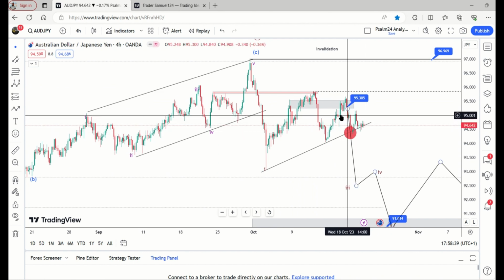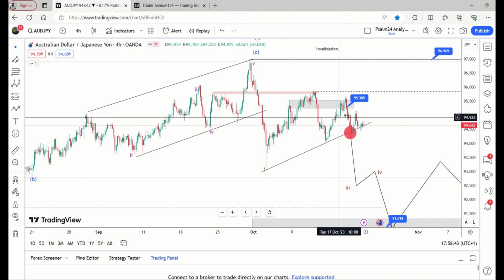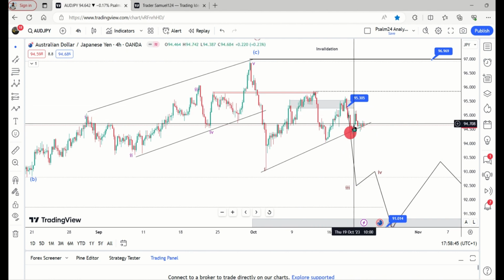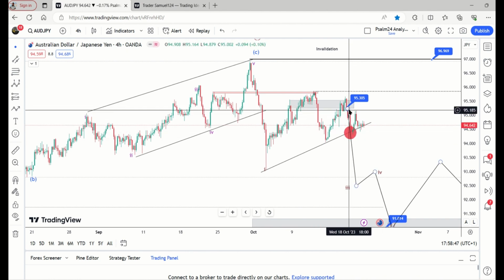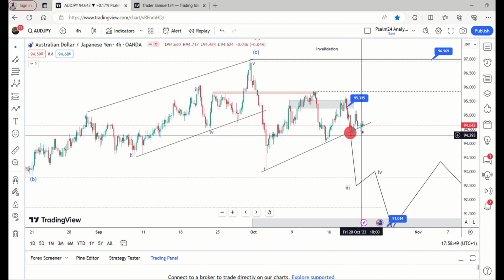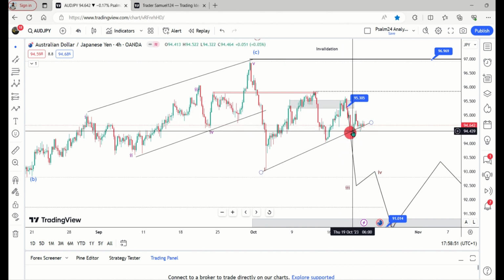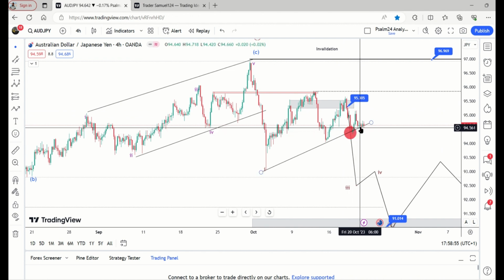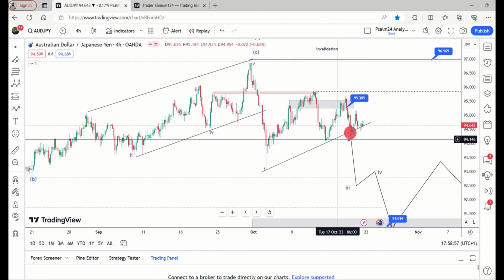We identified two regions, point of entry, POE, the first being this area, then the second being here. The first is in profit, while the second is in negative because the market tapped and broke out, but we have not seen a proper breakout of that zone.